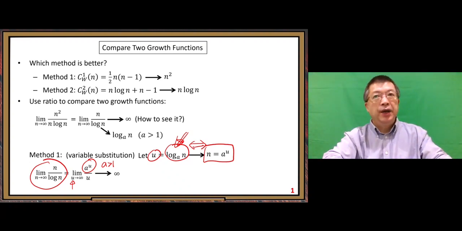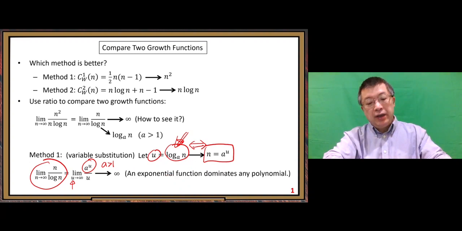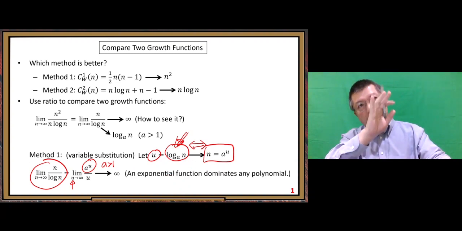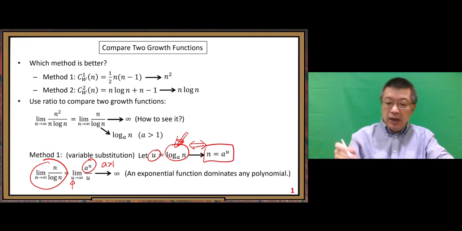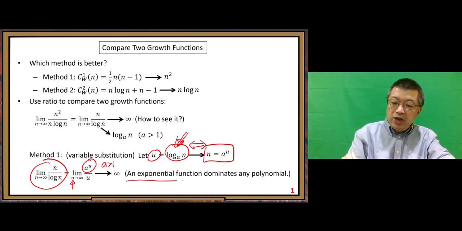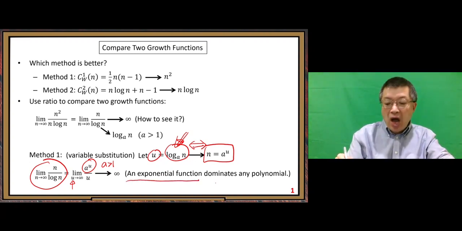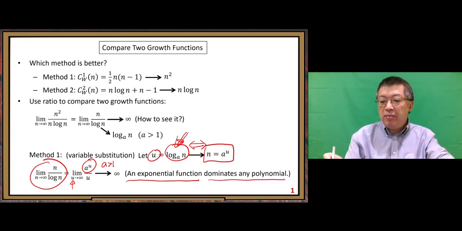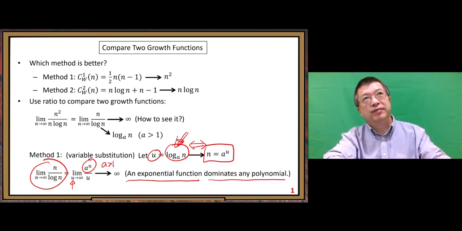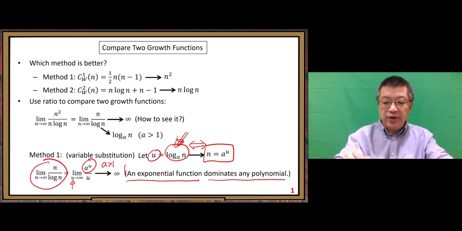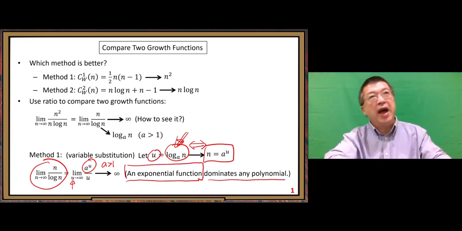Some of you may know an exponential function always dominates any polynomial. We know that exponential functions increase very fast, so they always dominate a polynomial function.